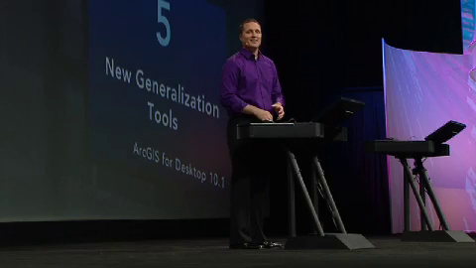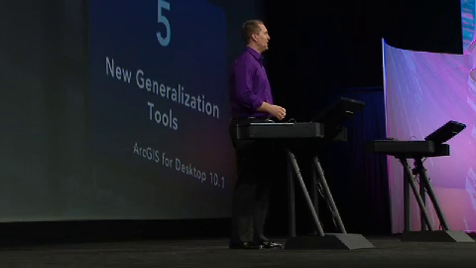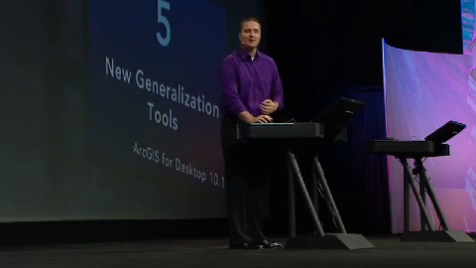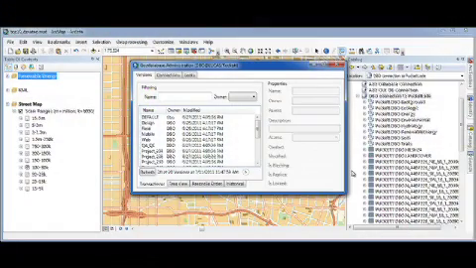Administering your enterprise geodatabases has always been challenging using the command line, which brings us to our number 4 feature, and it happens to be my personal favorite. 10.1 introduces a brand new user interface for administering your enterprise geodatabases.